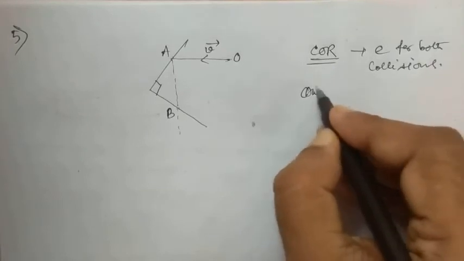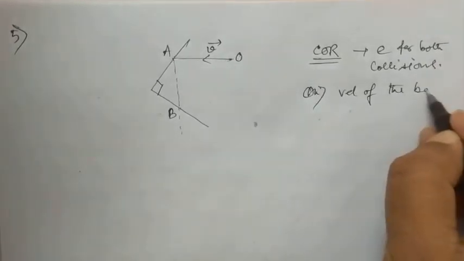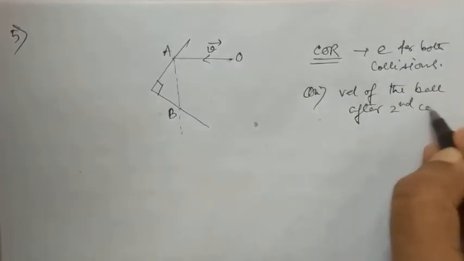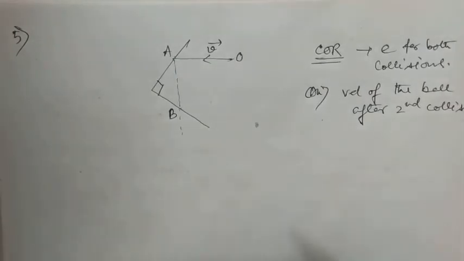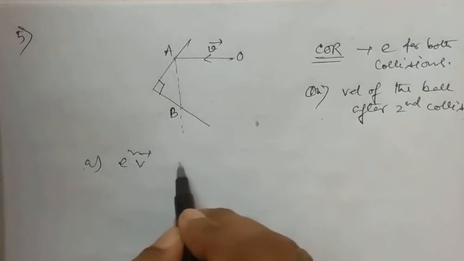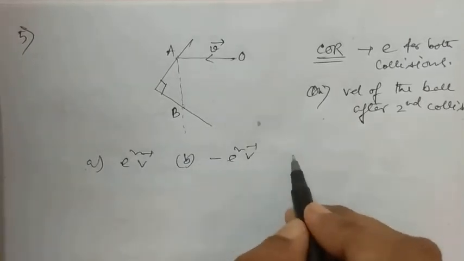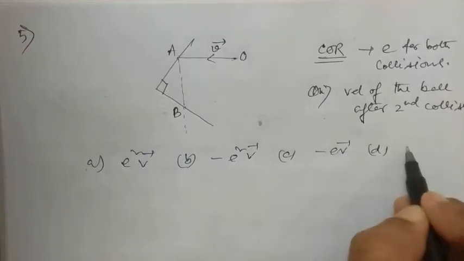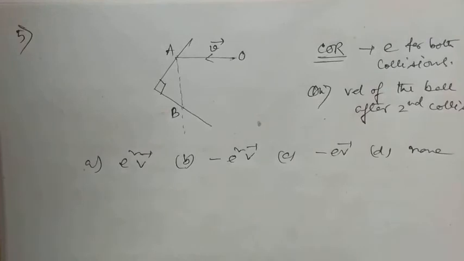The options given here are: A, e square V; B, minus e square V; C, minus eV; and D, none.